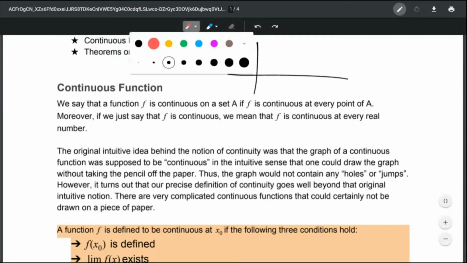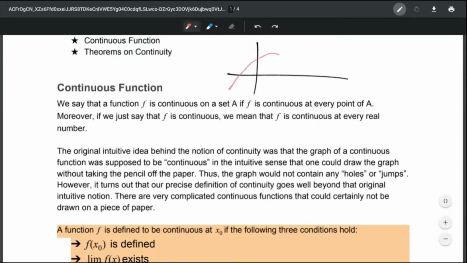If while you're drawing that function, you have to pick up your pen, you continue drawing it, it's not a continuous function. And this x value here is where we would have discontinuity. That's where the function would be discontinuous.